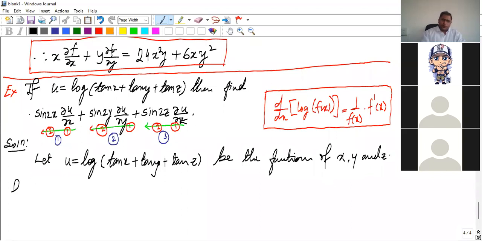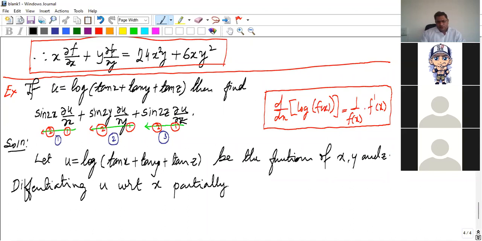As we know, we have to find the first order derivatives. So first, let us find it with respect to x. Differentiating u with respect to x partially, we get del u by del x.